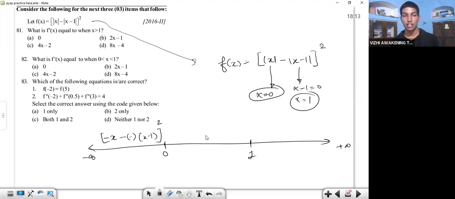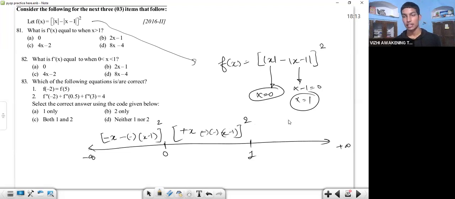For any value between 0 and 1, the modulus of x for x greater than 0 will come out as it is, positive x, and for values less than 1 and greater than 0, the modulus function will turn negative, so the minus sign will cancel the minus sign as earlier, and whole square.